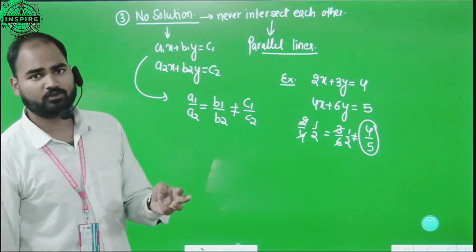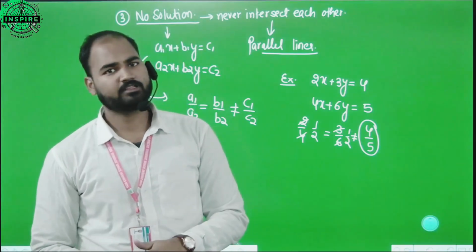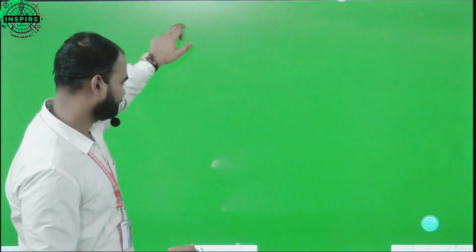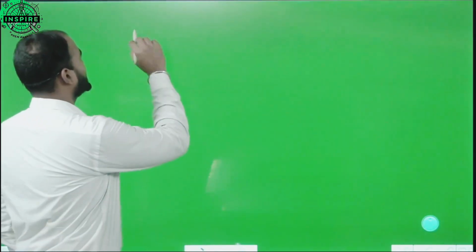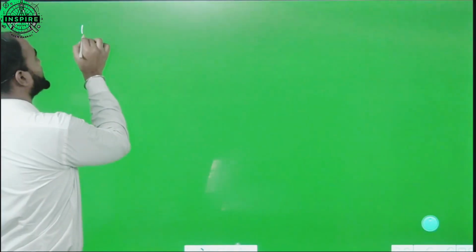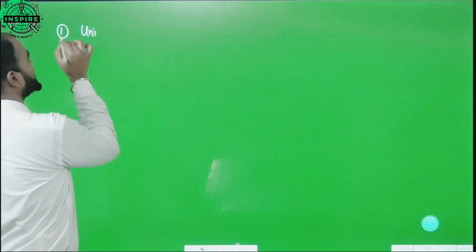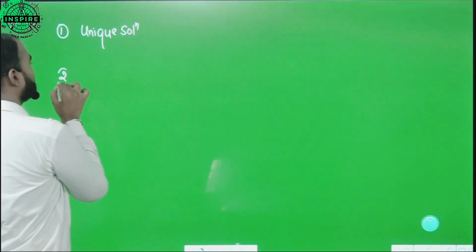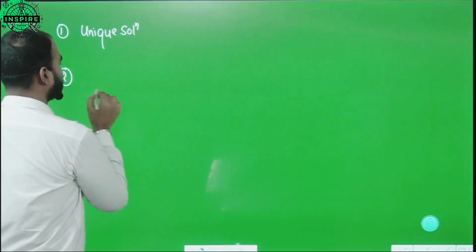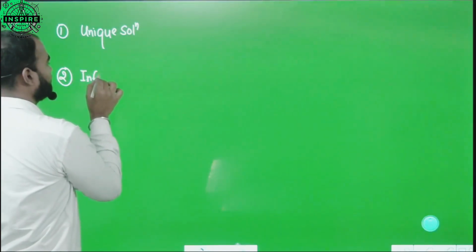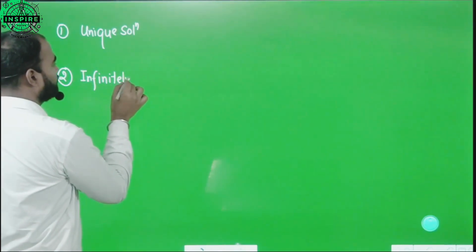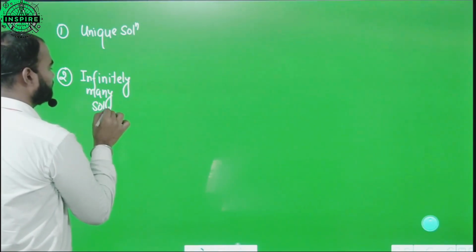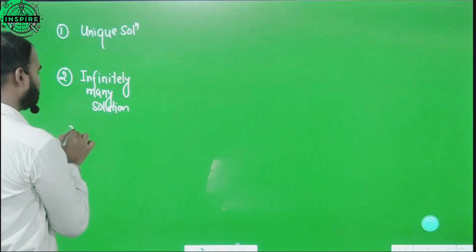So we discussed here only three cases: unique solution, infinitely many solutions, and no solution. Let's understand using a table. The first is unique solution, the second is infinitely many solutions, and the third is no solution.